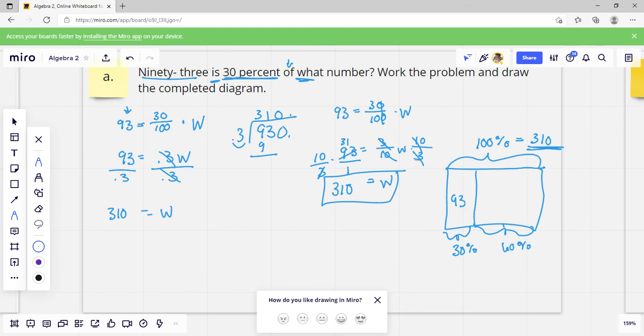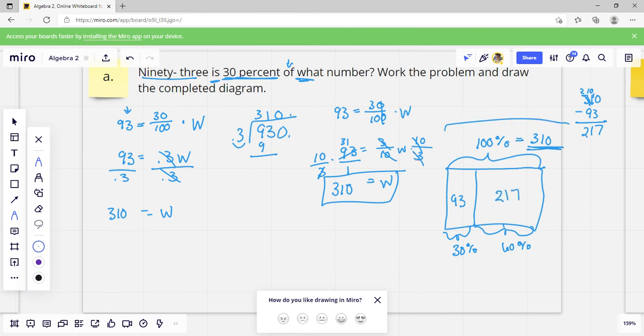And then if we said 310 minus 93, let's see, that would be 10, that'd be a 0, 10 minus 3 is 7, and then that'd be a 2, and that'd be a 10 minus 9 is 1, 217.